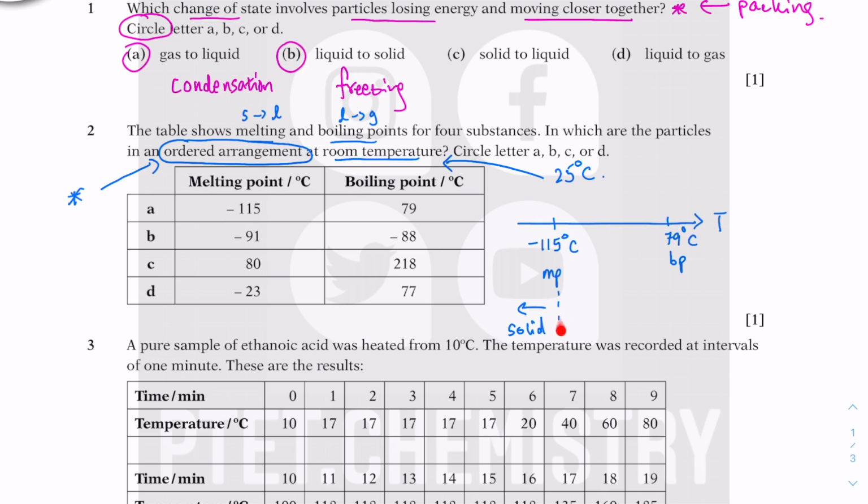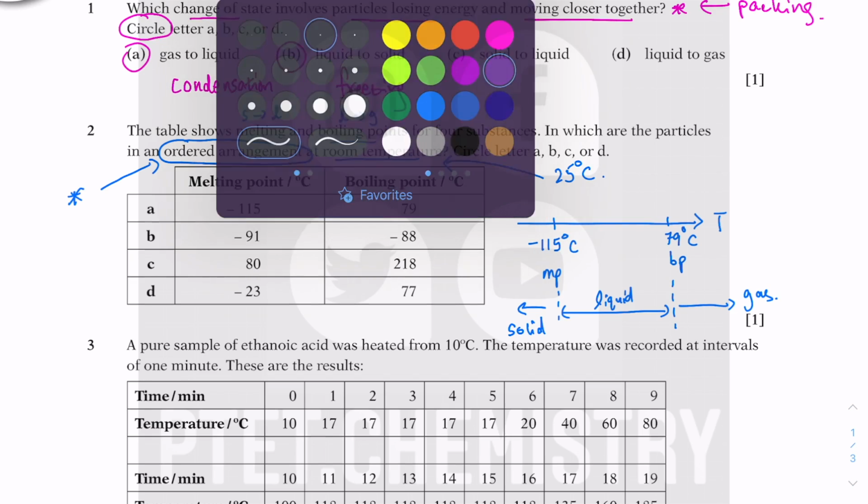At the melting point, your temperature remains constant because the solid is becoming liquid. After you pass the melting point, you are a liquid. At the boiling point, your liquid is being converted into gas, and as you pass the boiling point, everything is a gas.